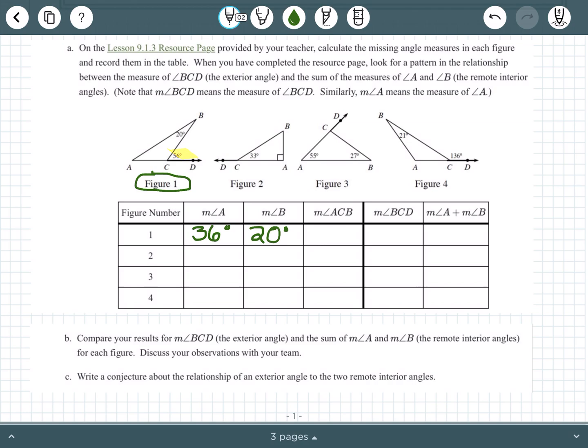That's going to be the one that is next to that exterior angle. If we know that the measures of angle A and B are 36 and 20, we know that all three need to add up to 180, so the measurement is going to be 124 degrees.